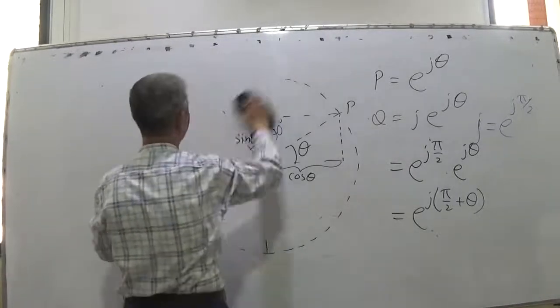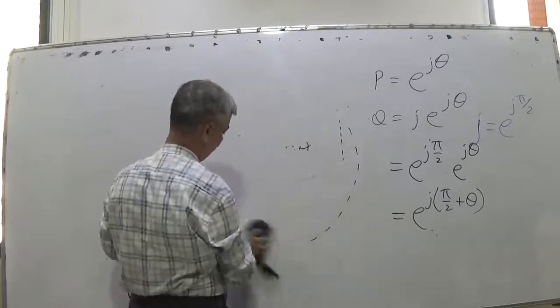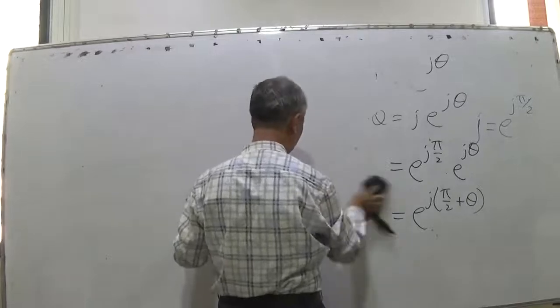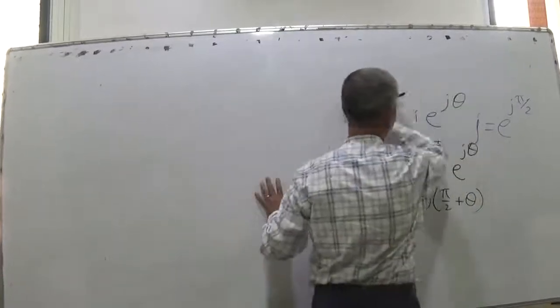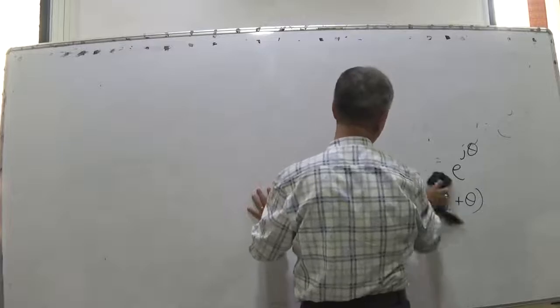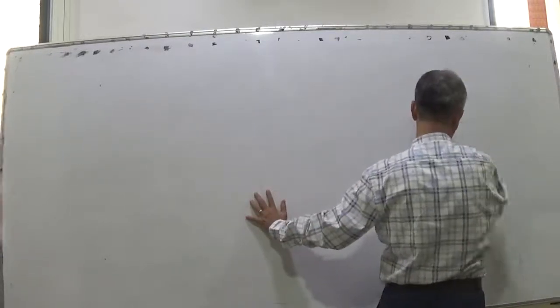If I multiply by another complex number, we must have all kinds of discussions ready with us, so that at no point of time there should be any kind of confusion about the exponential representation of signals.